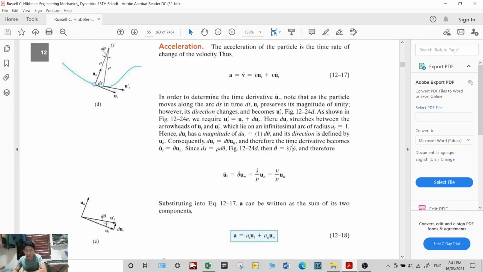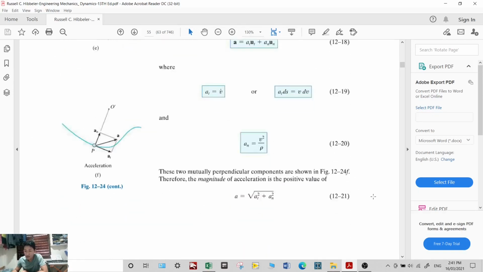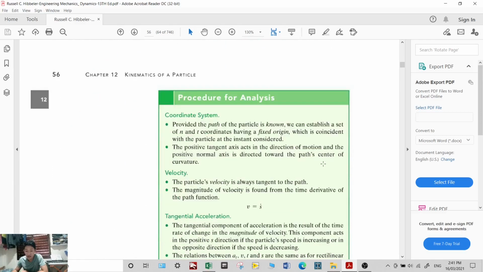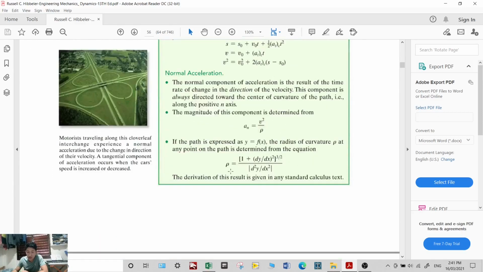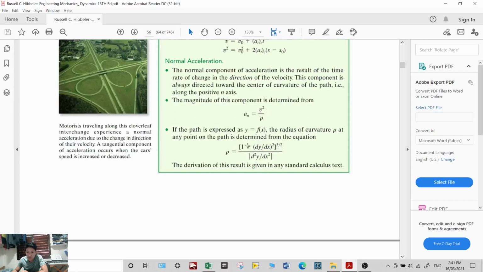We will have an example to demonstrate this. By the way, if rho is not given, you can get it from this equation, as long as the path is given as y as a function of x, so that you can get rho.